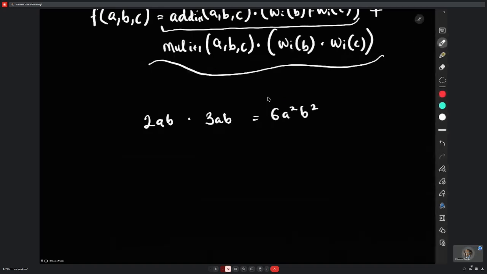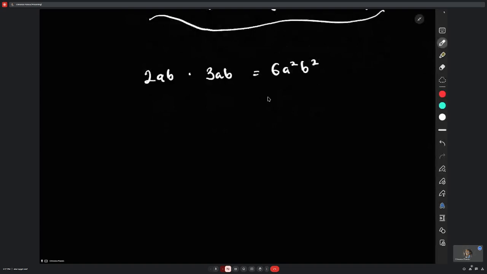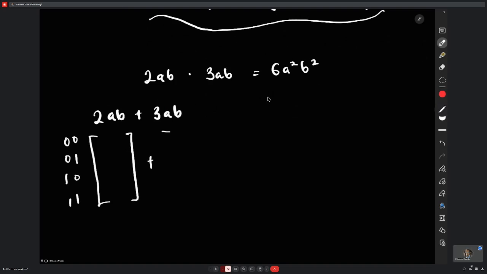So you have two polynomials in evaluation form, let's say 2ab plus 3ab over 0,0, 0,1, 1,0, 1,1. 2ab will give us 0, 0, 0, 2, and 3ab will give us 0, 0, 0, 3.